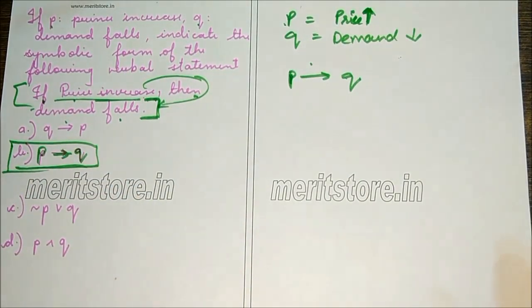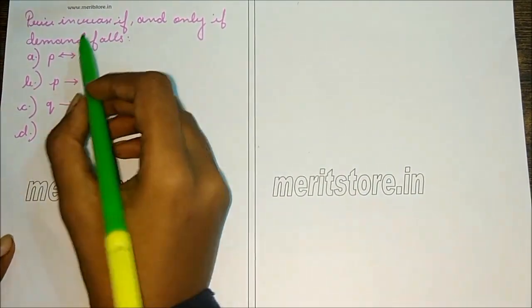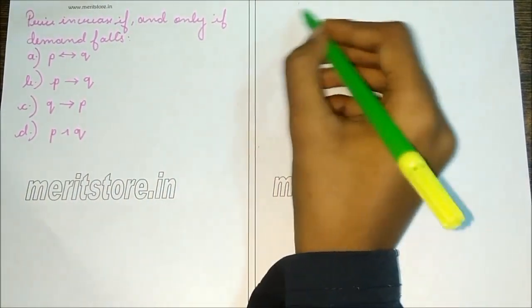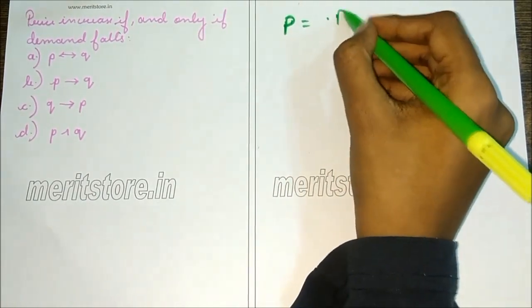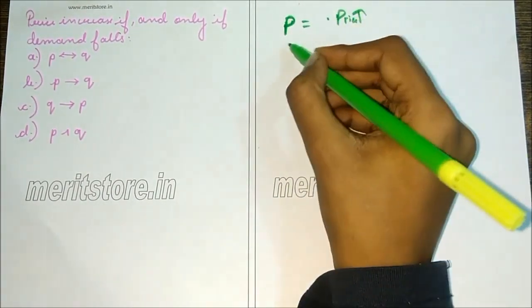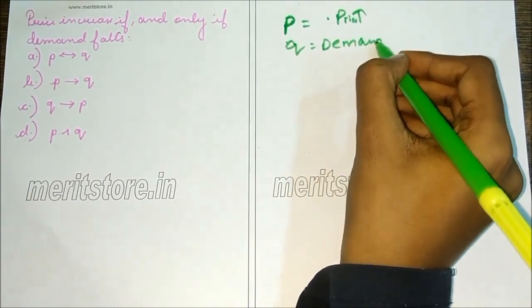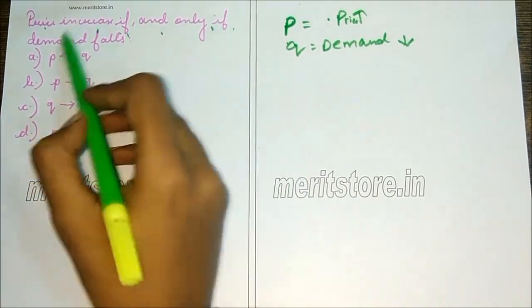Next sentence is price increases if and only if demand falls. So let us recall the conditional statements. So P is price increases and Q is demand falls. So it says price increases if and only if demand falls.